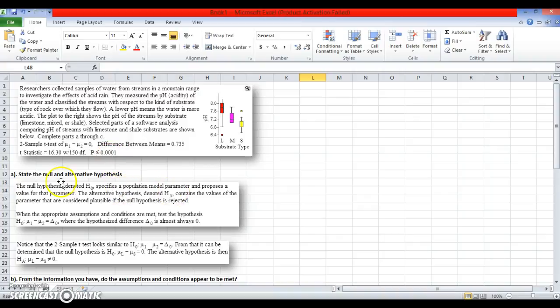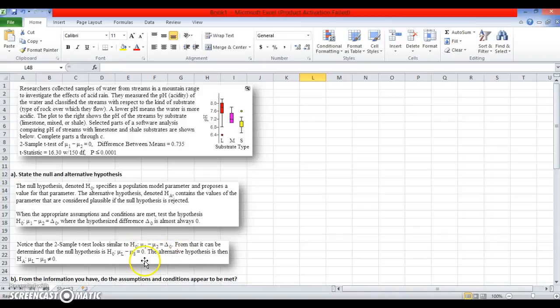So, state the null and alternative hypothesis. In this case, the null, as you know, specifies a population parameter and proposes values for that parameter. The alternative contains values that are considered plausible if the null is rejected. Notice that the two-sample t-test looks similar to mean 1 minus mean 2 equals this value.